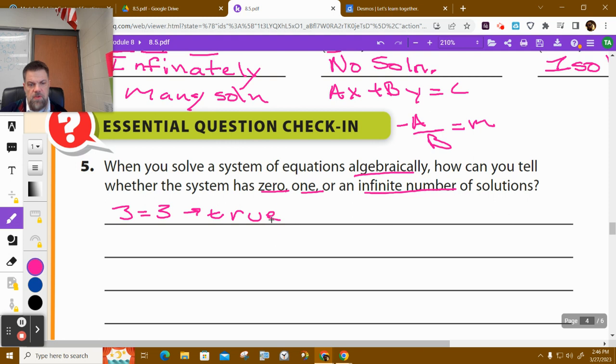In other words, I go through and I do all the algebra and I get A equals A. I get the same number. 3 equals 3, 5 equals 5, 6 equals 6. Do you guys remember what that is? If it's a true statement, what does that mean? They're the same lines, so that means they have infinitely many.